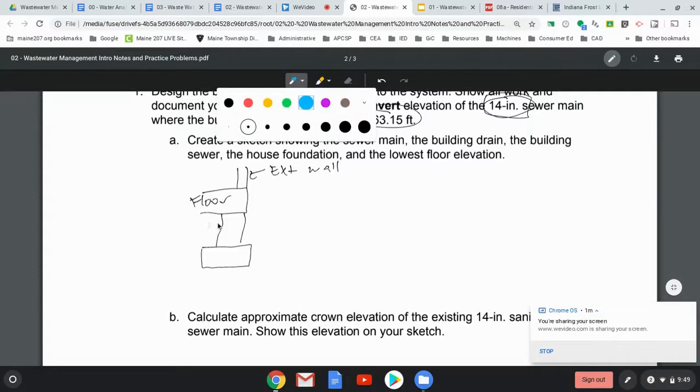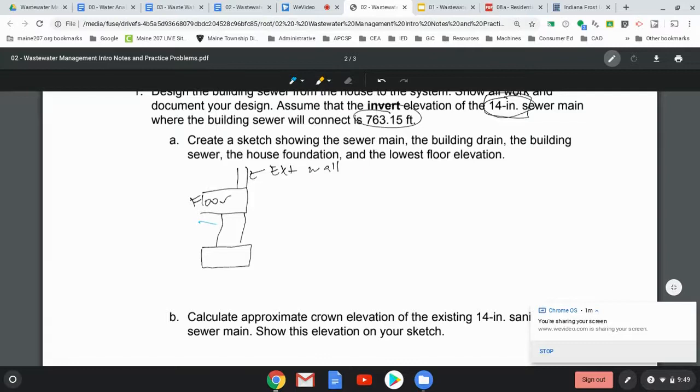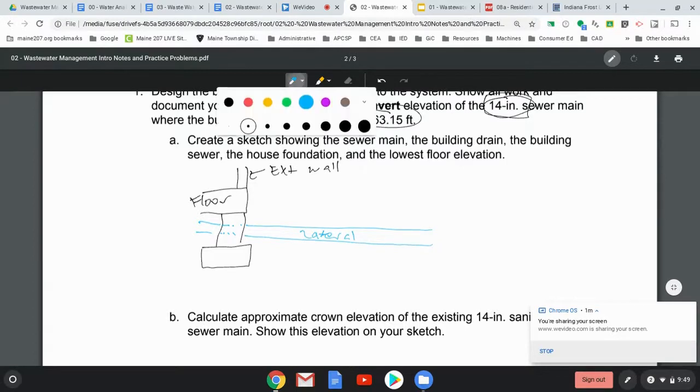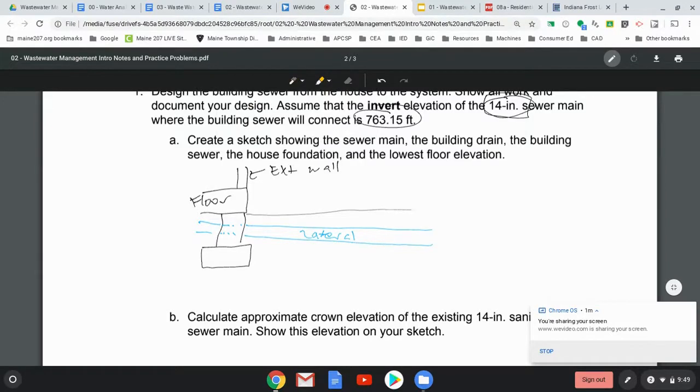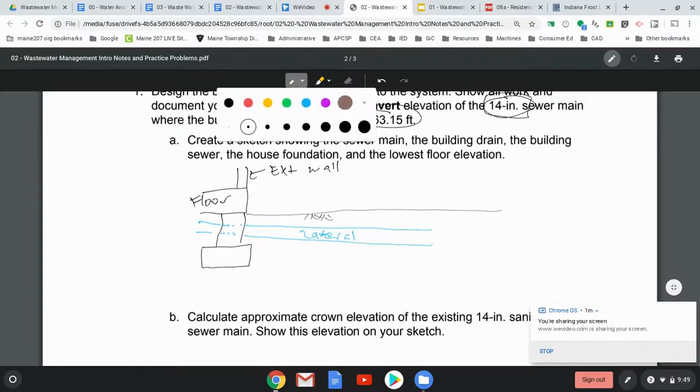You have your sewer. All right, and this is your lateral. And another important thing to put on here is your ground elevation. And then your sewer main.